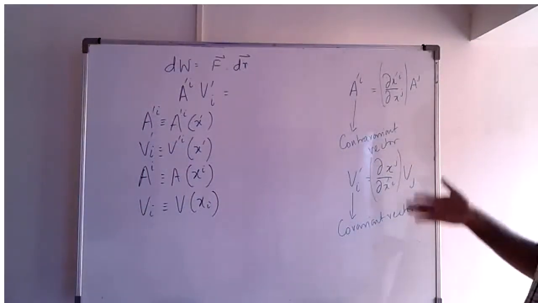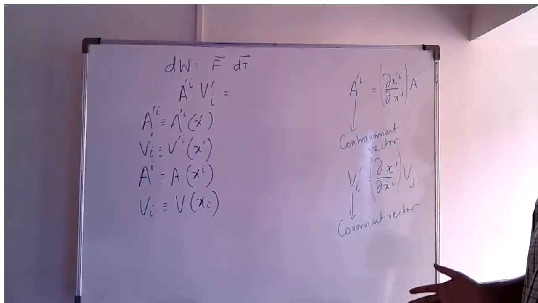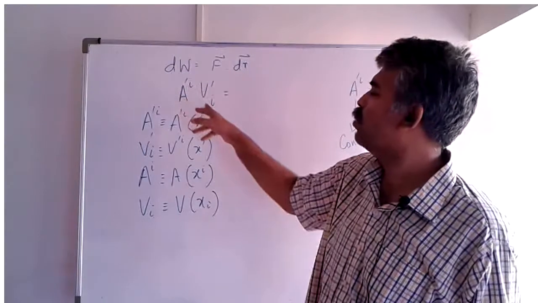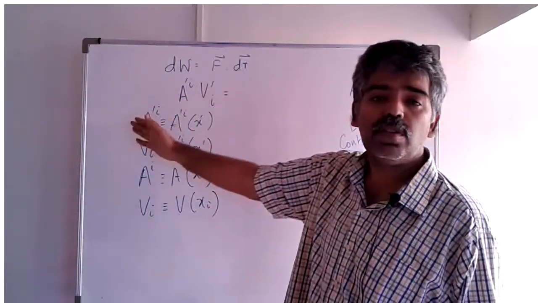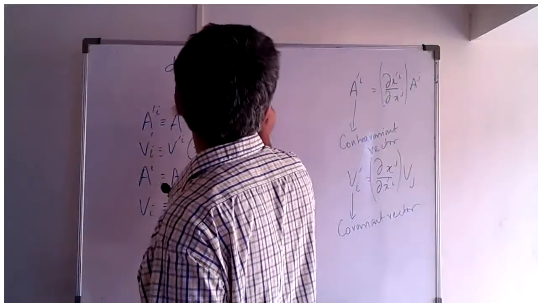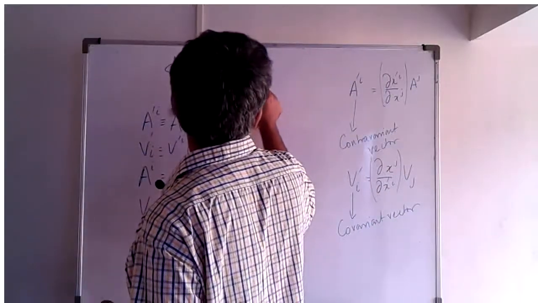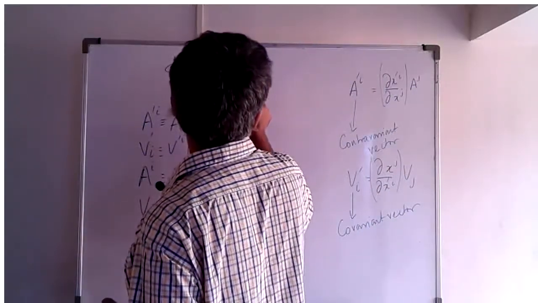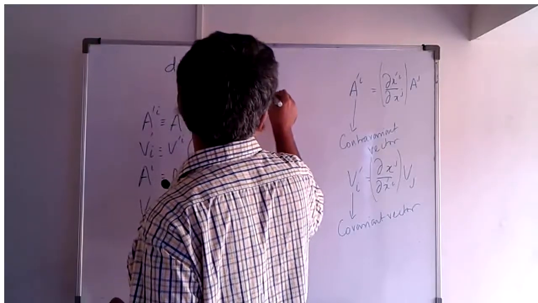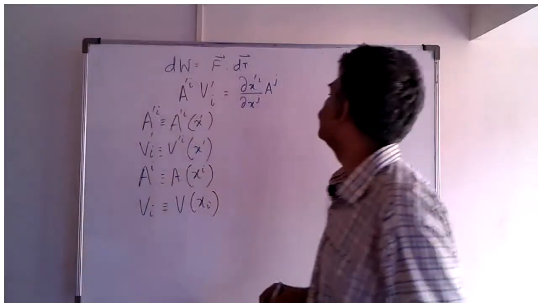So if I contract these two, what will happen? This is a contraction, the inner product, summed over i, no free index, i is a dummy index. First write this, del x prime i over del x j, a_j.